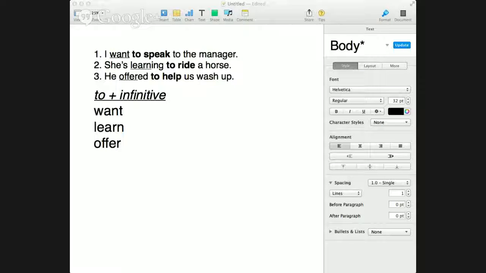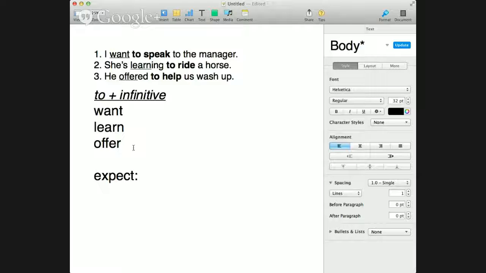All right, now what we're at the moment doing is leaving out the possibility of an object. So I just want to point out that some verbs need to have an object before the infinitive. I'll give you an example. Okay. The verb, for example, to expect, right, needs an object.